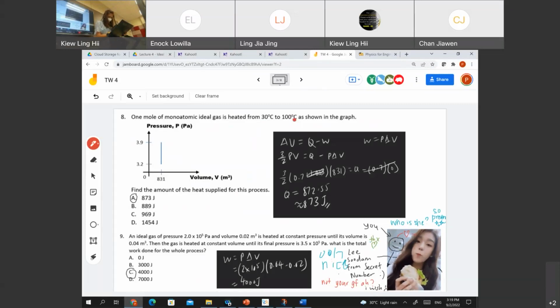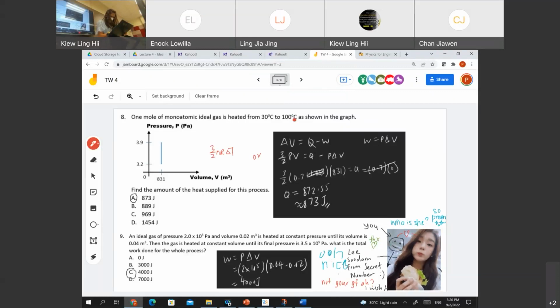In this question, you are given both PV and temperature, so you can choose to use PV or delta T. Here the example given uses PV.